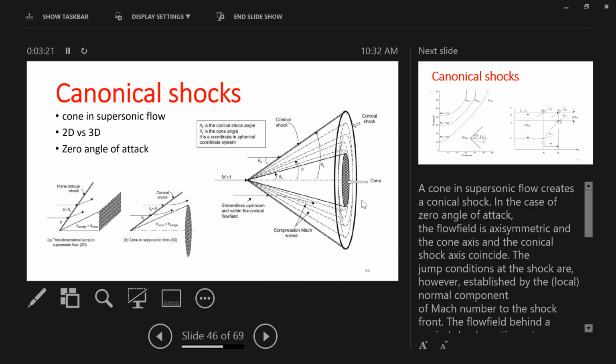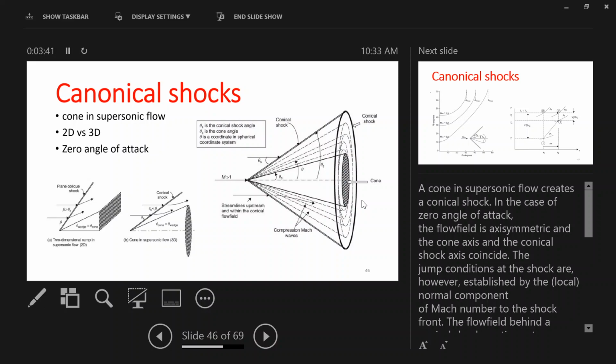So instead of having just two angles, we are going to have three different angles here. We have theta S, which is the conical shock angle, right? That's the shock angle, the angle it makes with the horizon, right?